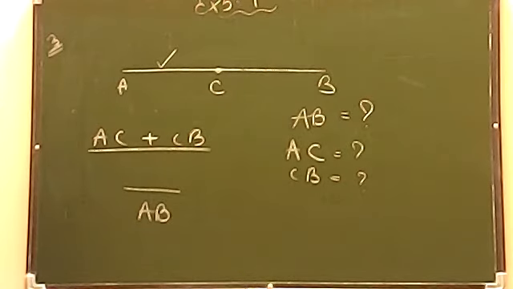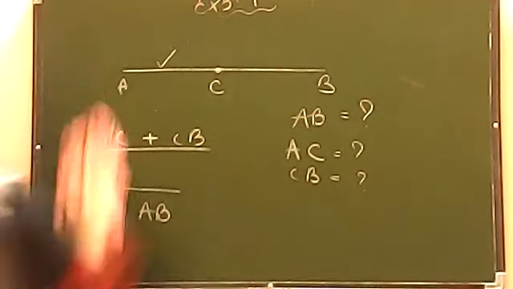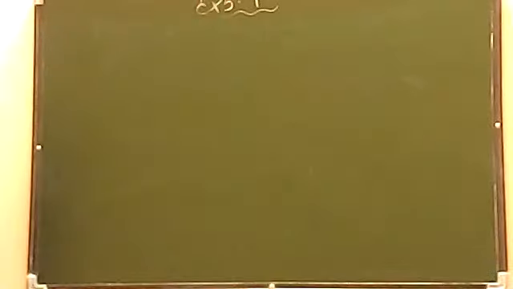Now let's discuss question number 4 from this exercise. Exercise 5.1 question number 4 says that A, B and C are 3 points on a line.